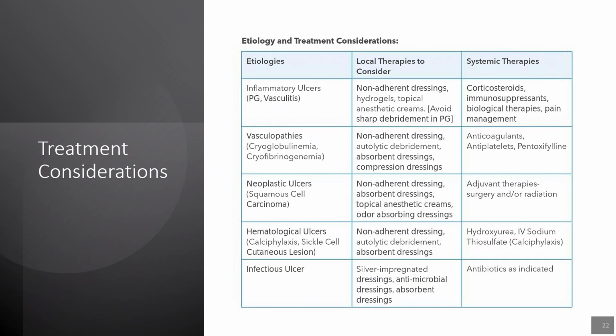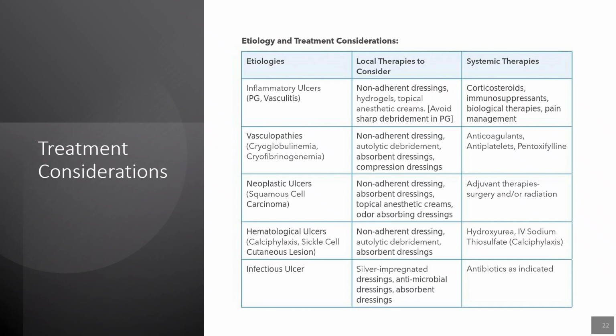Treatment considerations are often based on etiologies. Inflammatory ulcers such as PG and vasculitis should be treated with non-adherent dressings, hydrogels, and topical anesthetic creams, and remember to avoid sharp debridement in cases of PG.